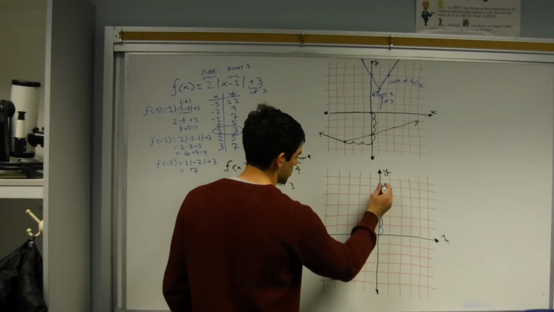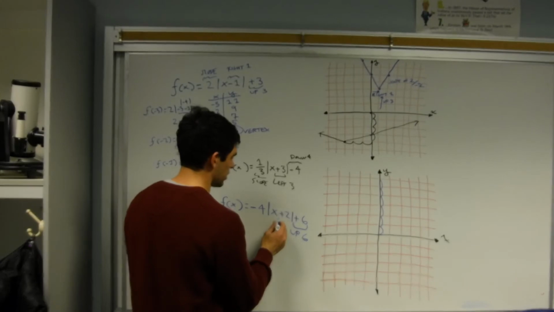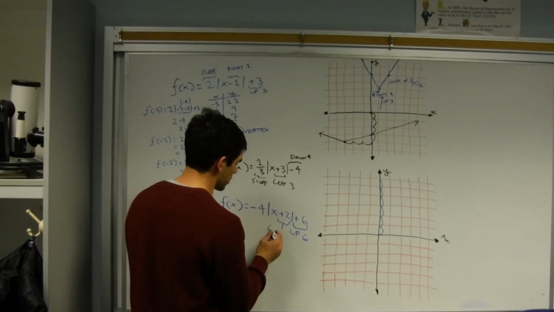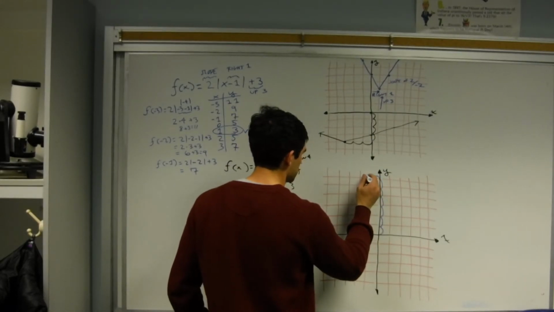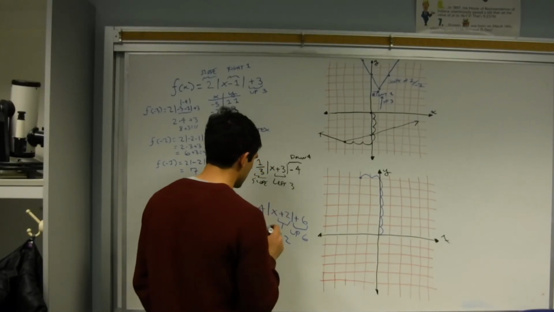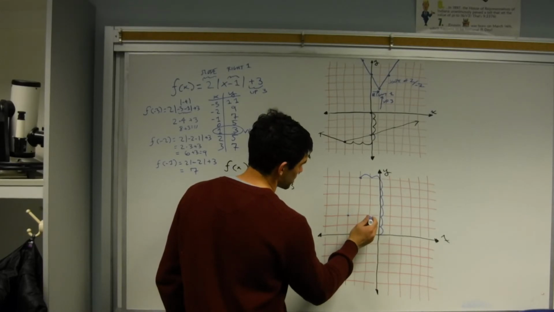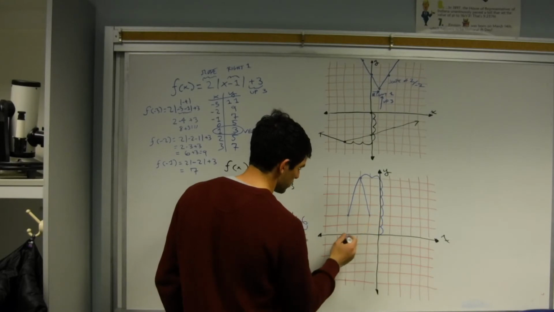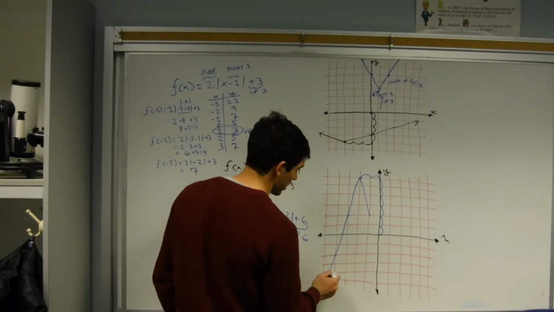So up 6. Then x plus 2 in the absolute value signs means that we're going to go left 2 units. So 1, 2. So that's going to be where our vertex is. And then if our slope is negative 4, that means that our graph is going to look like this.